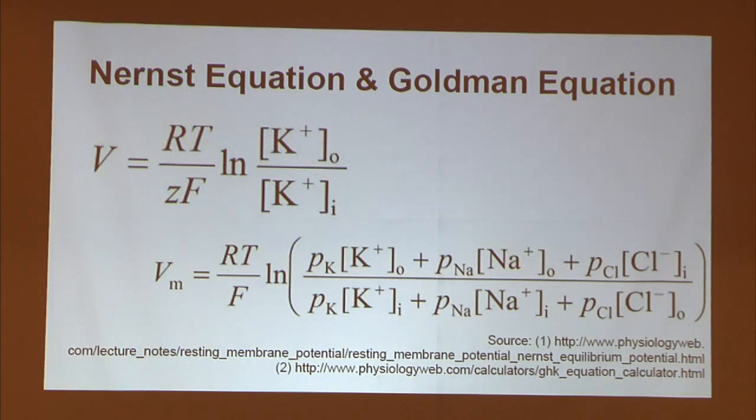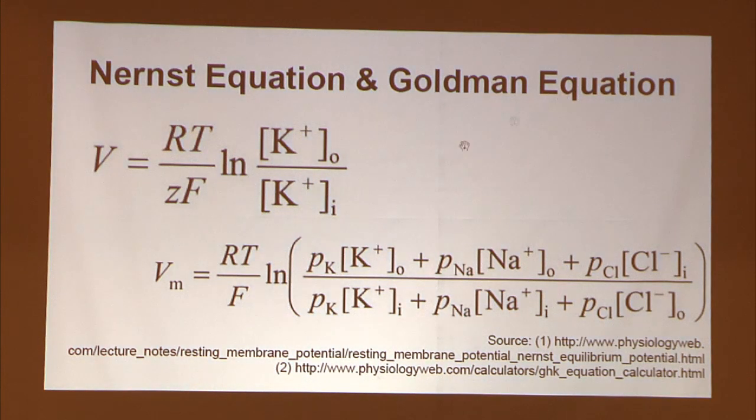Then if we want to calculate the potential of our cell based on individual ions, so if we just want to compare potassium to itself, we can use the Nernst equation. That helps us mainly to see what the membrane potential would be if the membrane was only permeable to that one ion. So the Nernst equation is for each individual ion.